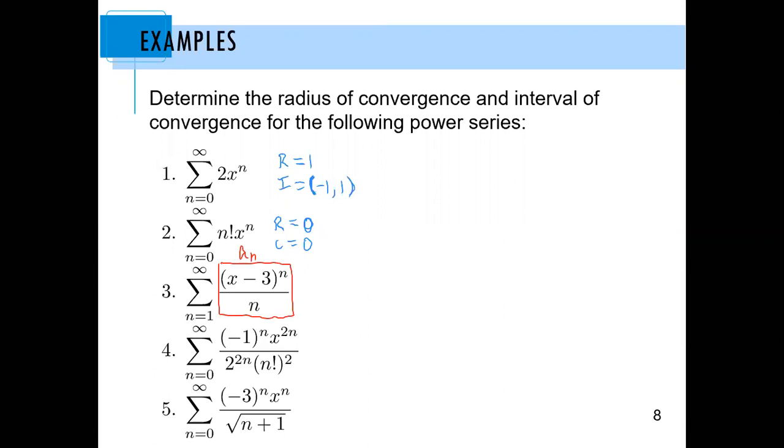Okay, so let's do the root test. Which means I need to take the nth root of the absolute value of a_n. If I take the absolute value of a_n, and then I take the nth root of that, what happens?